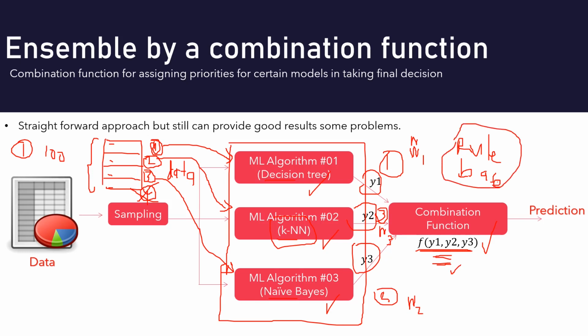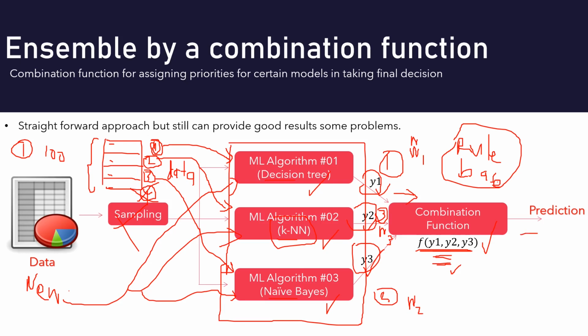After that, when we provide a new data point, there is no need for sampling. It will go through the first algorithm, the second algorithm, and also the third algorithm, and their outputs, Y1, Y2, Y3, will be obtained and directed to this combination function.